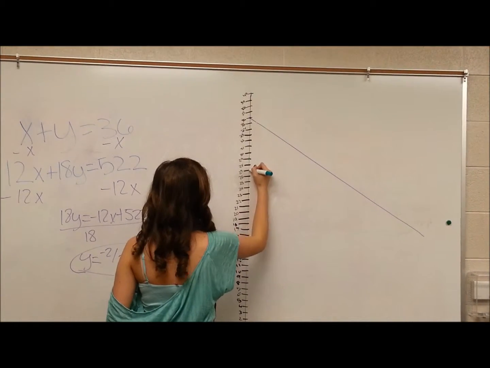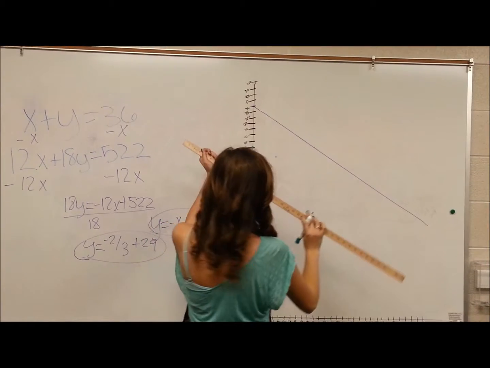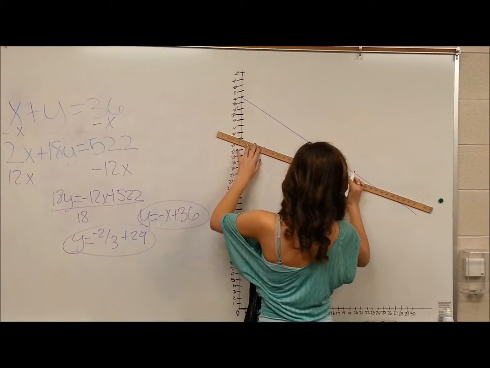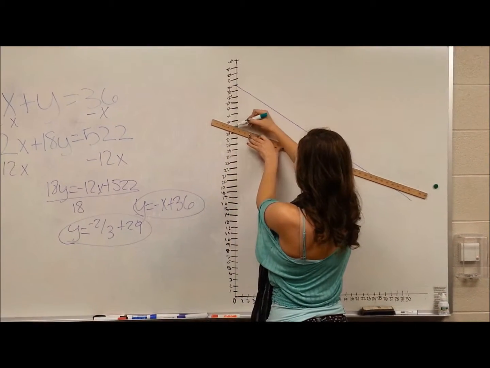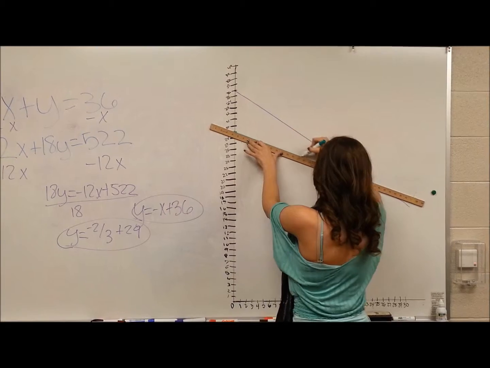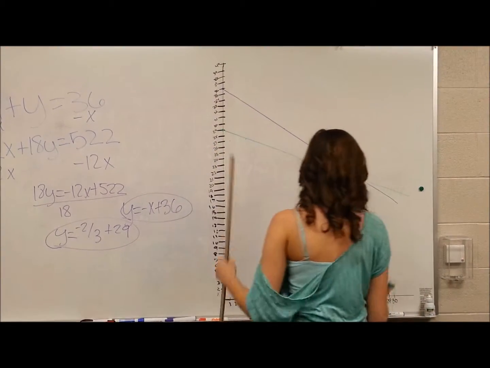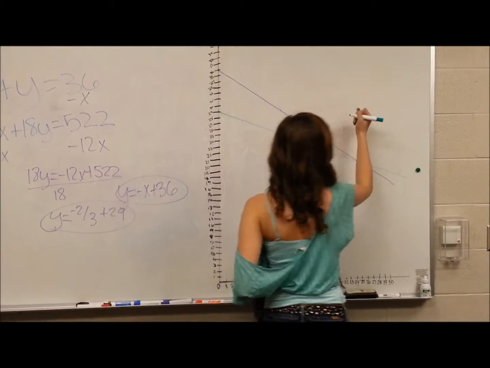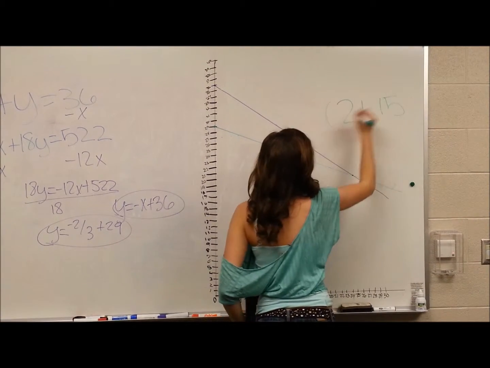We're going to go down 2, over 3. Line up the points, and it lies on 21 and 15, and that is your system.